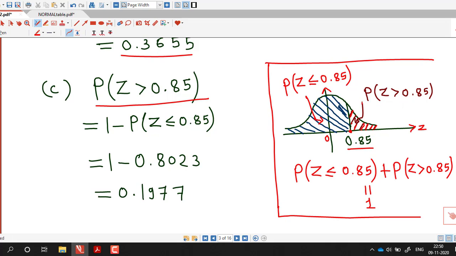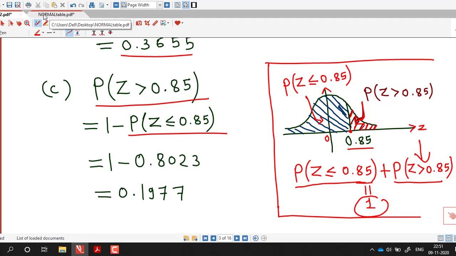The area to the left is the probability that Z is less than or equal to 0.85, and the area to the right is the probability that Z is bigger than 0.85. The sum of these two areas is 1, because the total area is always 1. Therefore this area is 1 minus the probability that Z is less than or equal to 0.85.